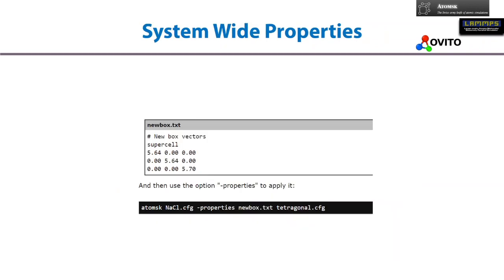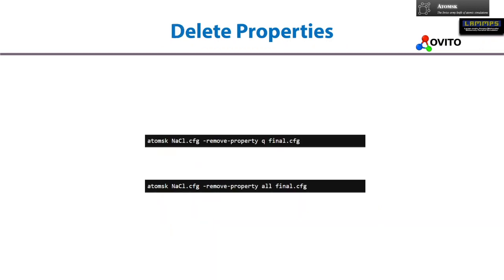Here are the system-wide properties examples. This is an example of creating a supercell where we are creating a 3 by 3 matrix, then calling this 3 by 3 matrix from a text file and saving it. And finally, deleting properties. If you want to delete a particular property, you can use remove property q.